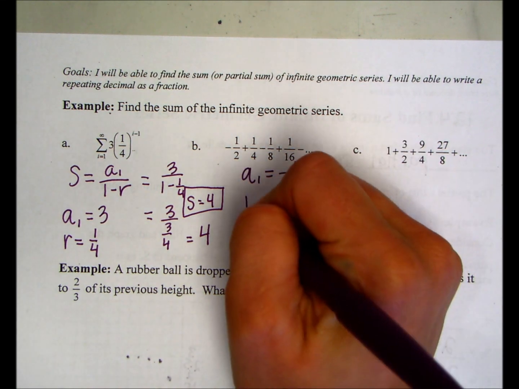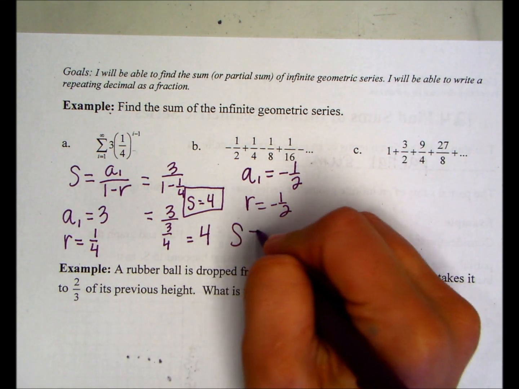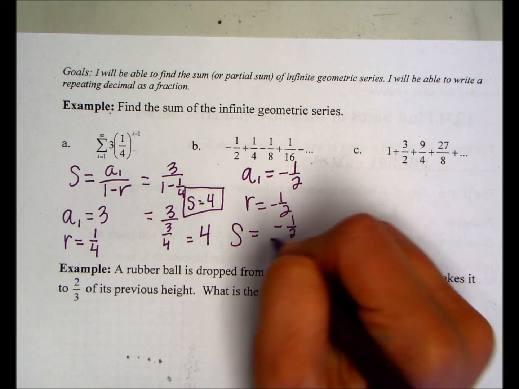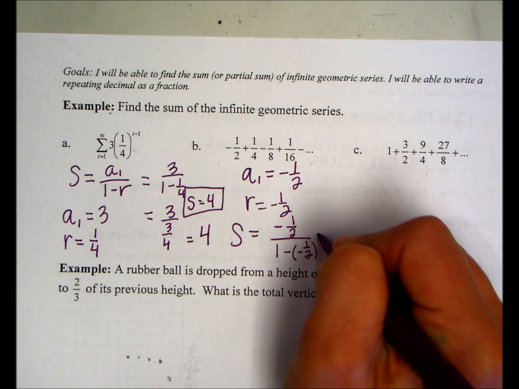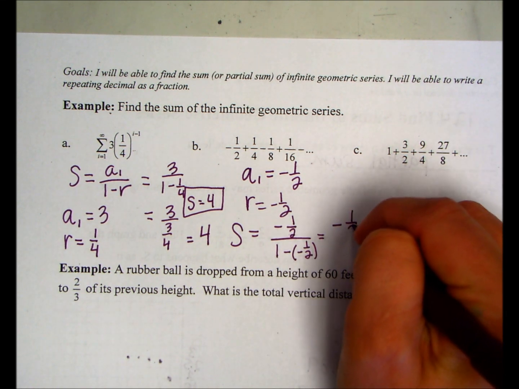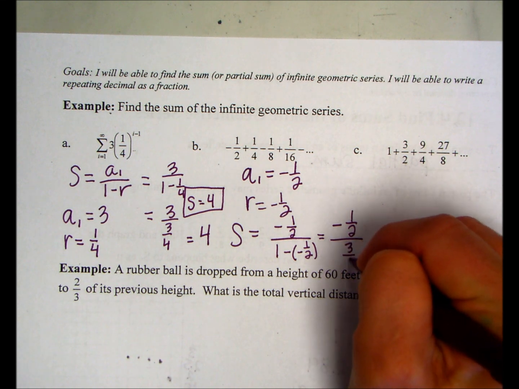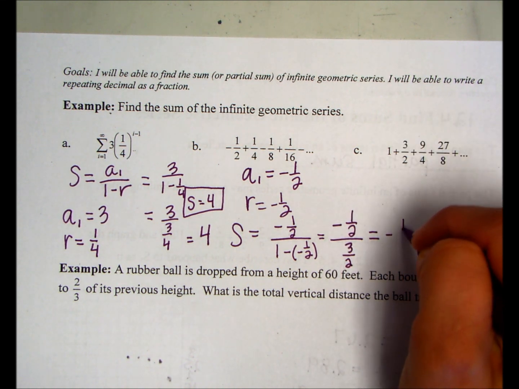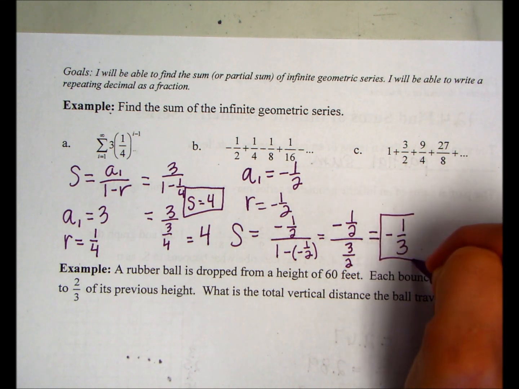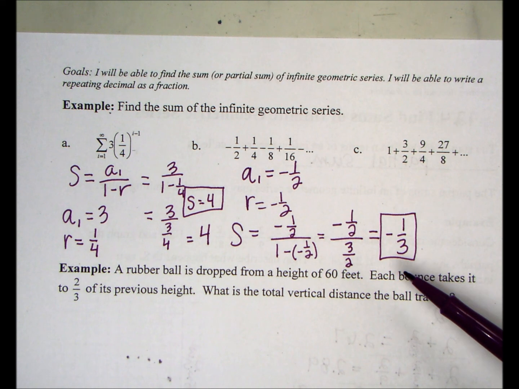So that is going to be my r value. So when I plug it in, I get -1/2 over 1 minus -1/2, which cleans up to -1/2 over 1.5 or 3/2, and that simplifies to -1/3. So my infinite geometric series is approaching -1/3.